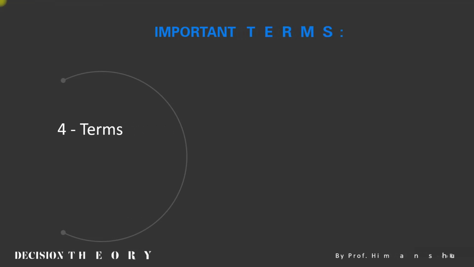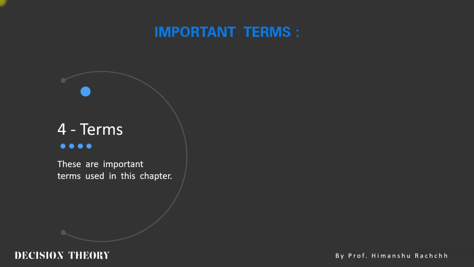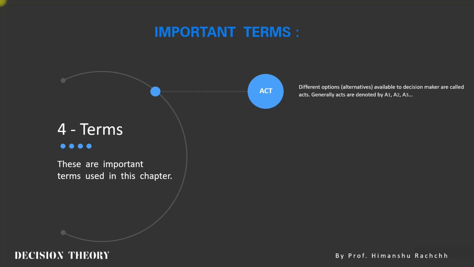Let us discuss some important terms used in this chapter. First, act. Different options, alternatives available to the decision maker are called acts. Generally, acts are denoted by A1, A2, A3 and so on. Second term is event.